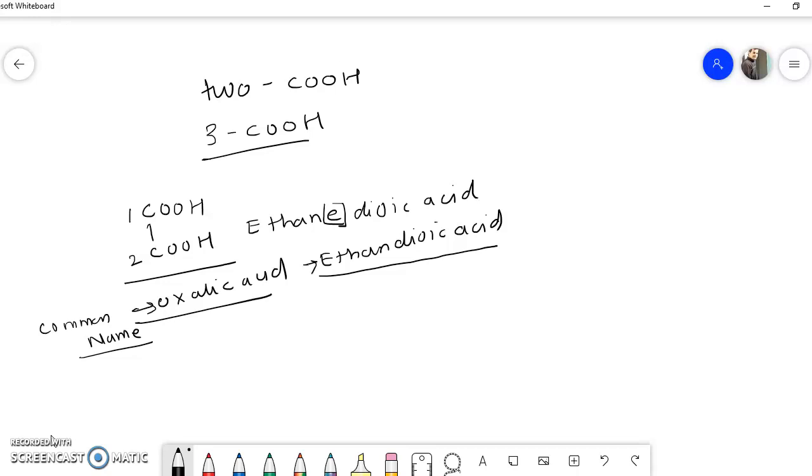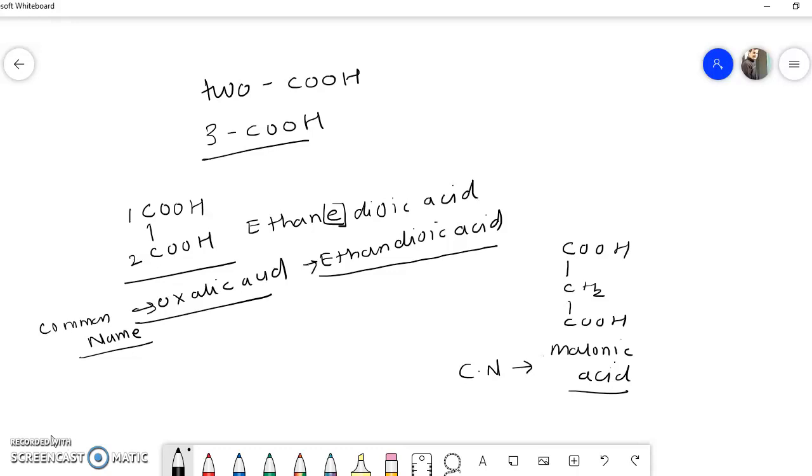Now we'll see another example. Suppose COOH CH2 COOH. So this is the malonic acid actually, malonic acid. But this is not IUPAC name. This is the common name, malonic acid. But in IUPAC system, how is it named?